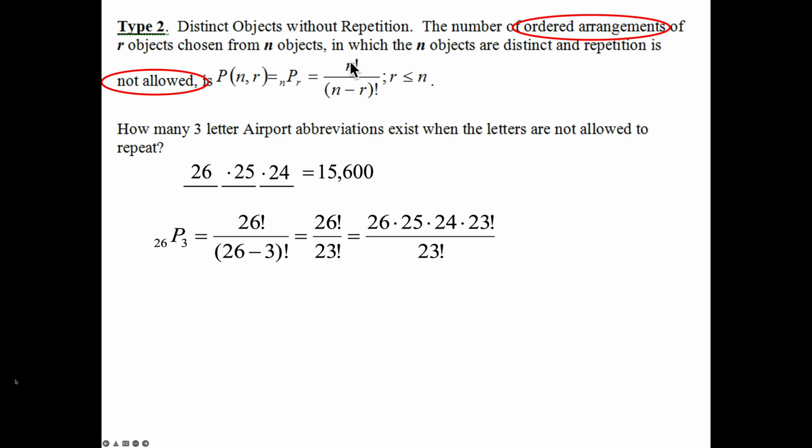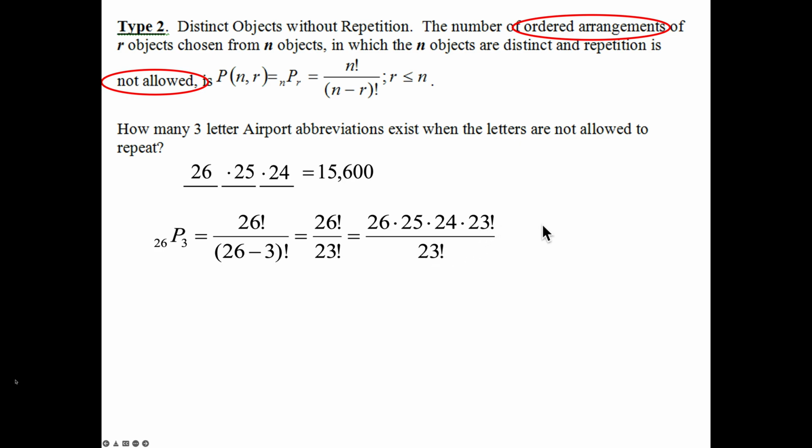Now, if we go by the formula here, 26 permutation 3, because there's 26 total letters, we want to choose 3 of them in our permutation. So 26 factorial over 26 minus 3, that's 23 factorial. And to simplify these factorials, as we've done before, you just start at 26, start counting backwards until you hit 23, which is matching the 23 factorial in the denominator.